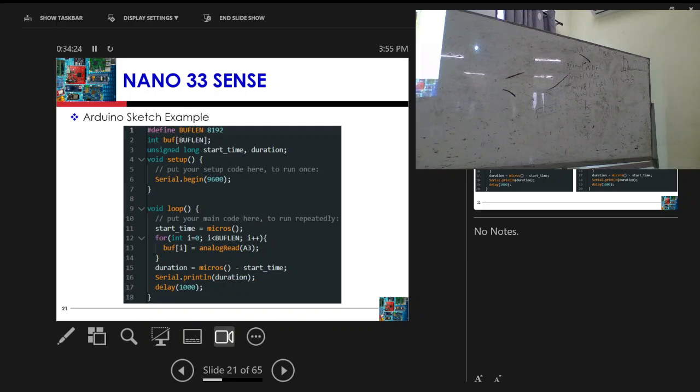So what the micros library does is, if I start my Arduino board, it has a counter that starts to count, and you can say that's the time.